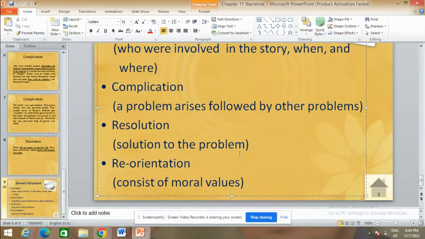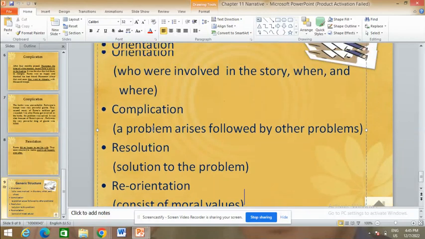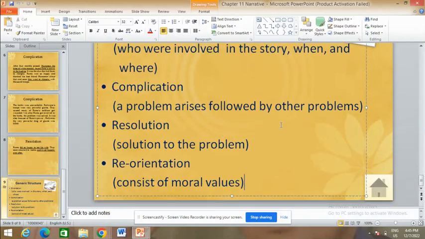Ya, jadi ada pesan atau amanat tertentu yang disampaikan atau yang bisa diambil dari sebuah story atau narrative text.